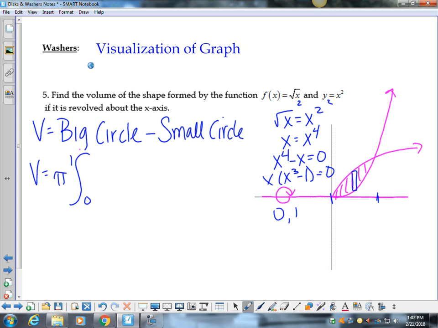Okay, now the big circle is going to be from here all the way down to your axis of rotation. Okay, so outer edge minus your axis of rotation, which for this problem is a 0. No, you don't have to put it, but that's not always going to be the case.